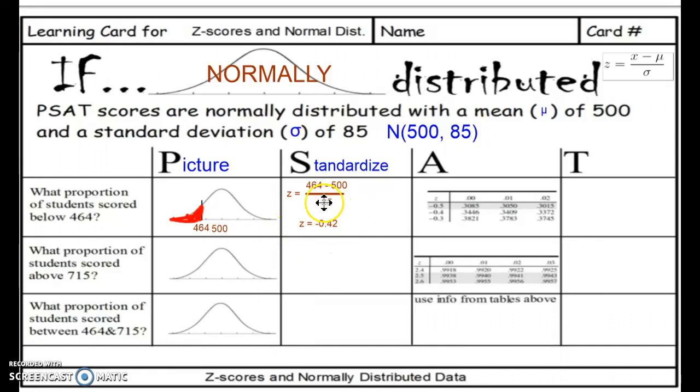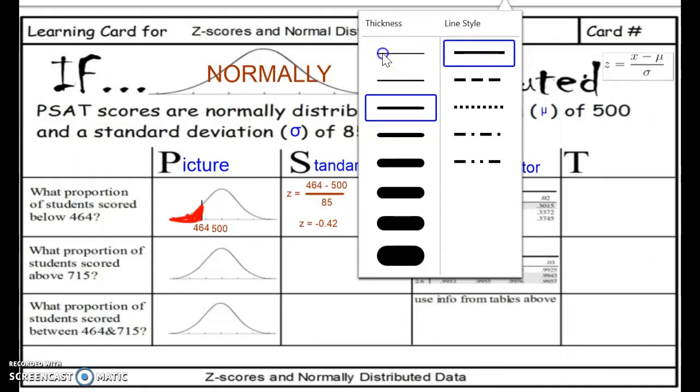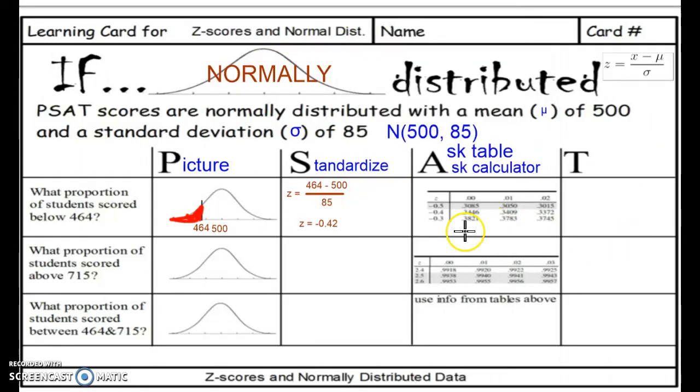After I find my z-score, what I then do is ask the table or ask my calculator. So I can either use my calculator and the normal CDF function, or I can use this table to determine what the area under the curve would be. If I were looking for the area under the curve, I would take negative 0.42 and kind of play Battleship here with the table. And what I would find is this.